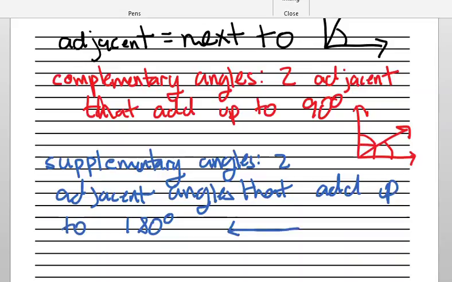So if I had this angle and then this angle and I added them together, they give me 180 degrees. And again, don't worry, we're going to dive into this deeper, but these are definitions that I want you to have written before we do that.